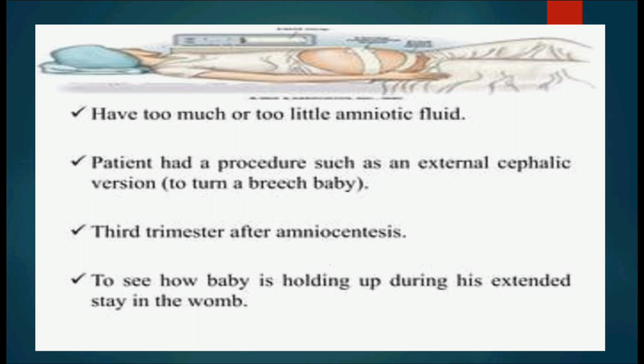Too much or too little amniotic fluid. The patient had a procedure such as an external cephalic version to turn a breech baby. Third trimester after amniocentesis, to see how the baby is holding up during his extended stay in the womb.